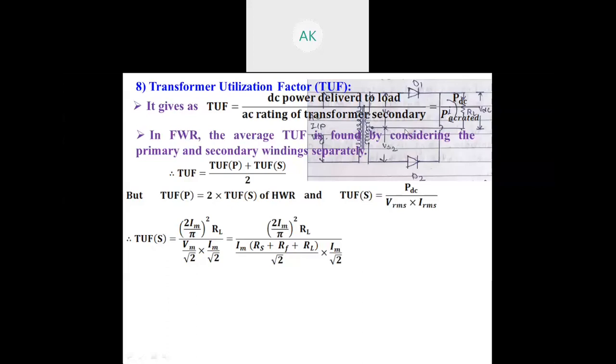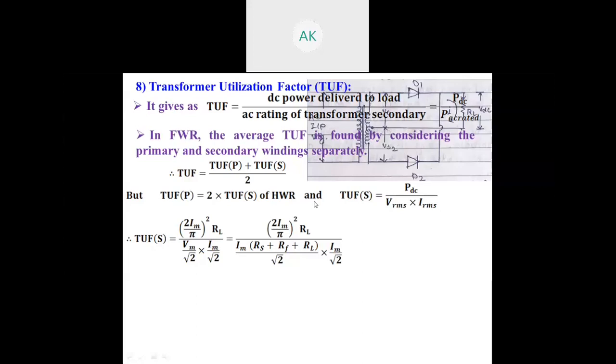Whereas for the half wave rectifier, voltage is available for the 0 to 2 pi duration, but current flows only during 0 to pi, not pi to 2 pi. But for this circuit, it will be 0 to pi, again pi to 2 pi, so the entire cycle of current is supplied by the transformer secondary.